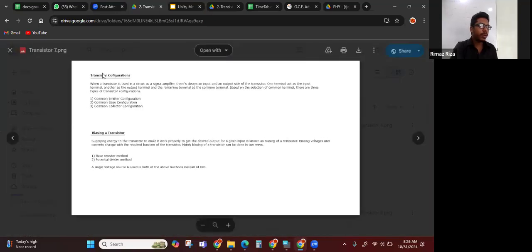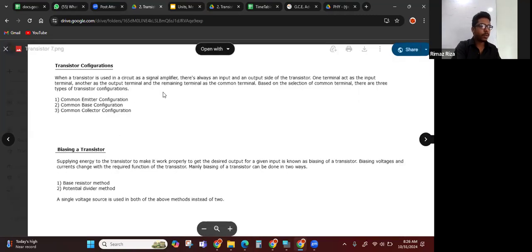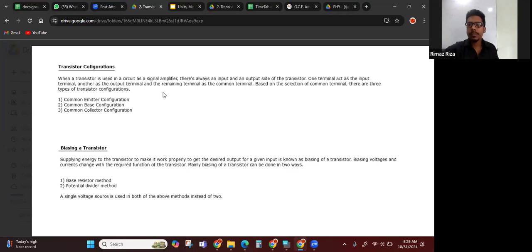So write down the topic: configurations of a transistor.